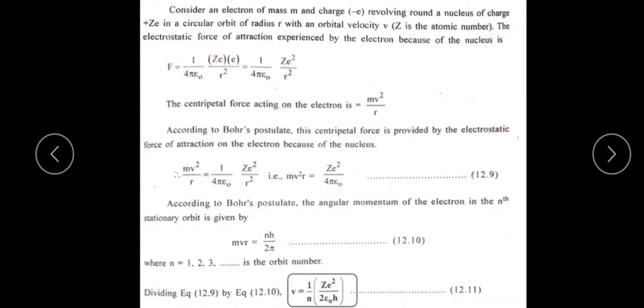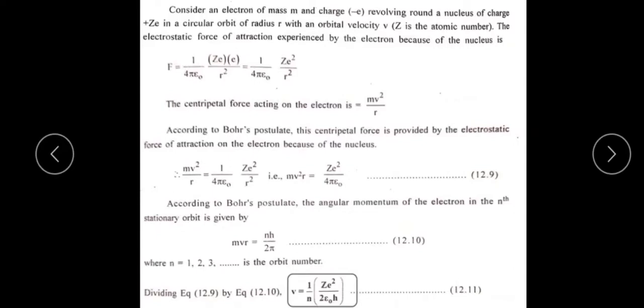That's why the final expression for v is equal to 1 divided by n into Ze square divided by 2 epsilon naught h. This is equation number 12.11, the expression for the velocity of the revolving electron around the nucleus, or the speed of the electron revolving around the nucleus.